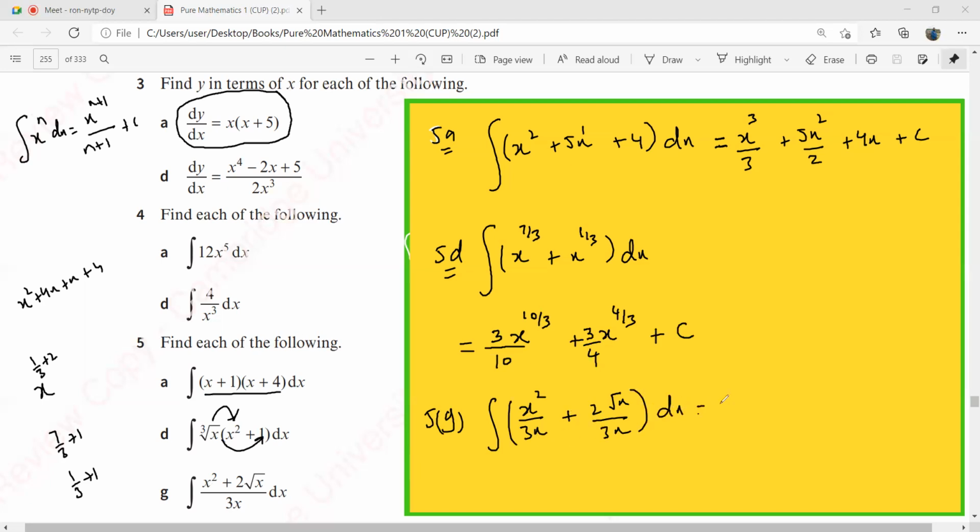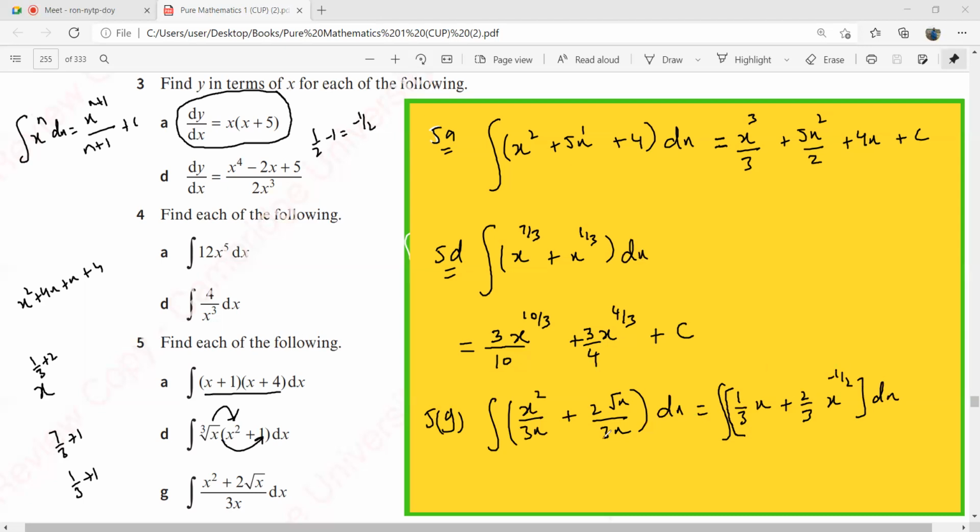So this becomes x over 3 or 1 over 3x, whichever way you want to write it. And then here the power is half and here the power is 1. So what is half minus 1? That is minus half. Good, beta. So this is 2 over 3 x raised to power minus half. And here you have dx.